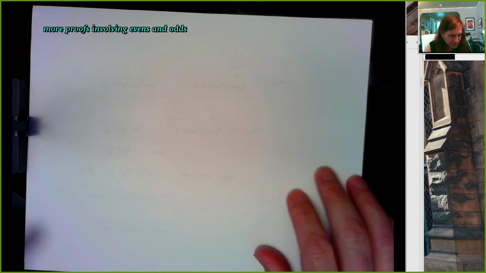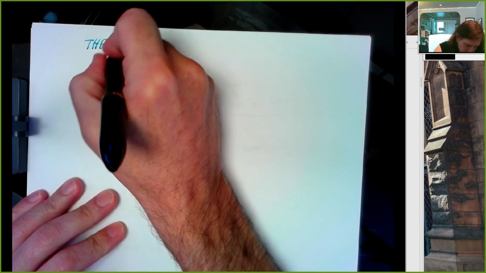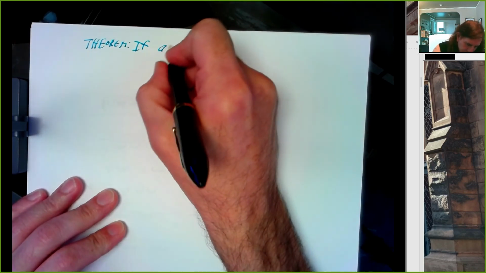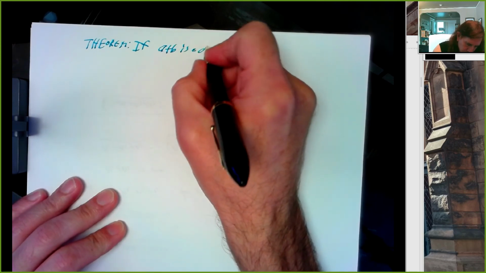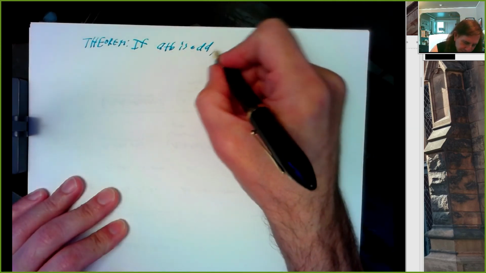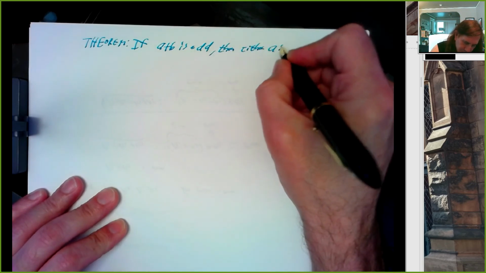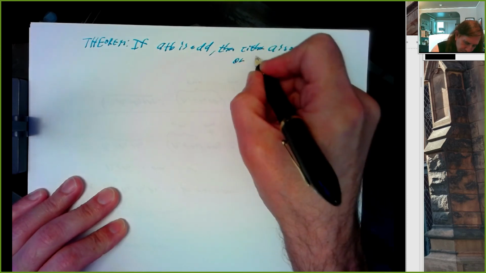proofs involving these things. So let me give you another theorem. If A plus B is odd, then either A is odd or B is odd.